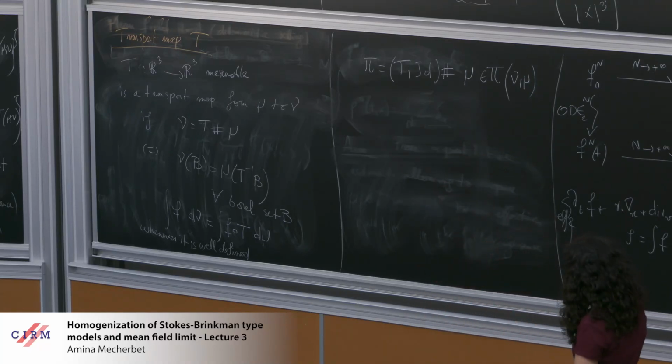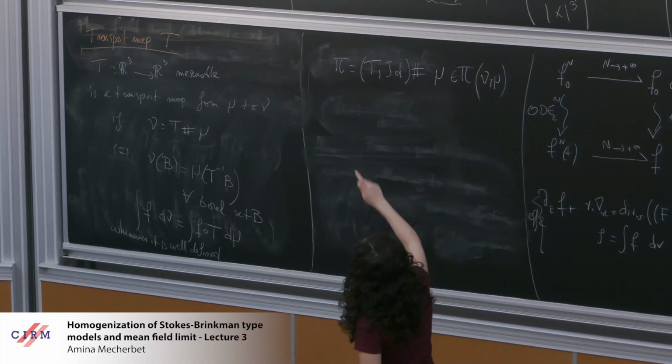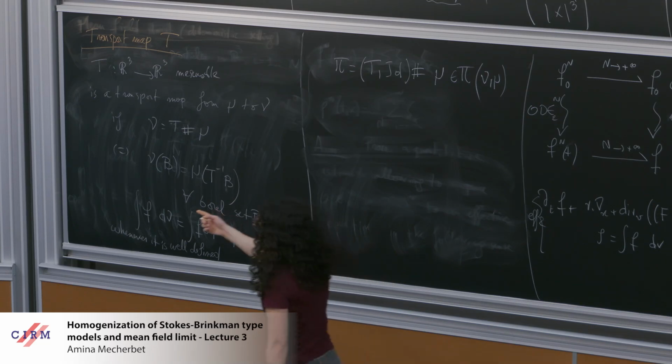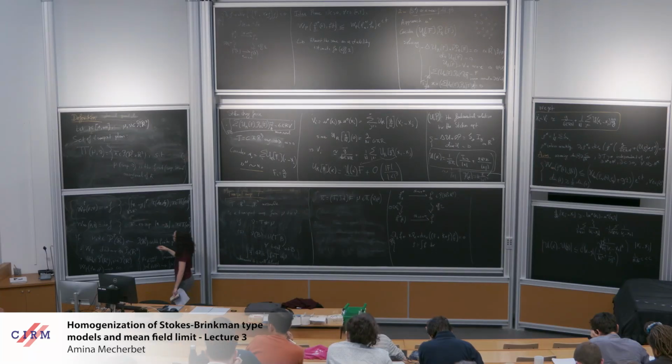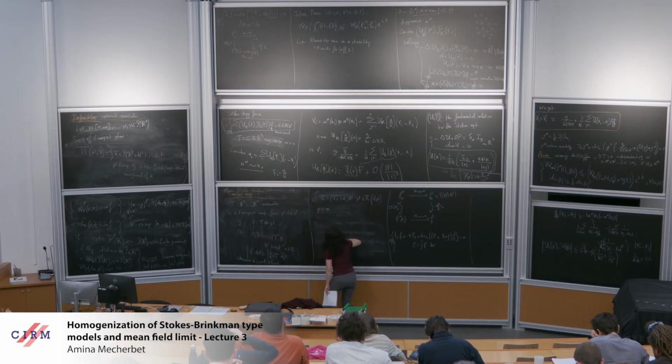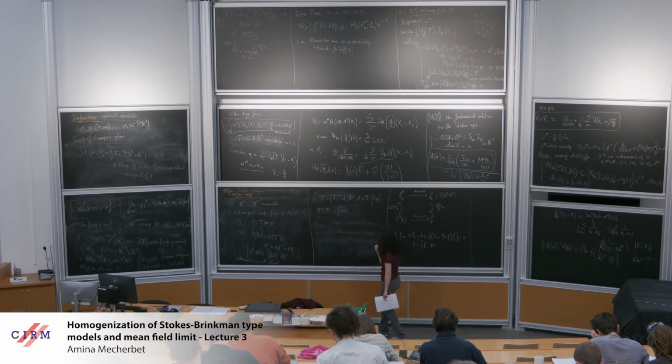So you can ask whether this infimum is reached for an actual transport map and not a transport plan. And the answer is yes in the case of p equal infinity if one of the two measures is absolutely continuous with respect to the Lebesgue measure.